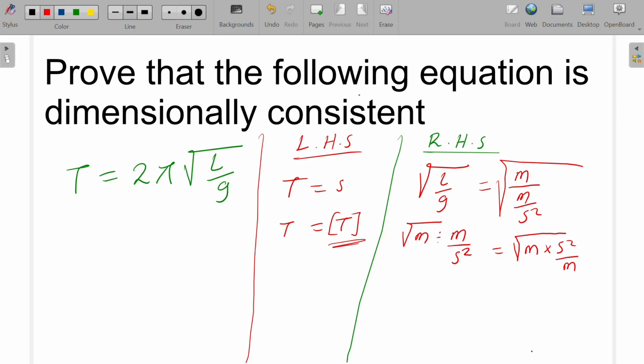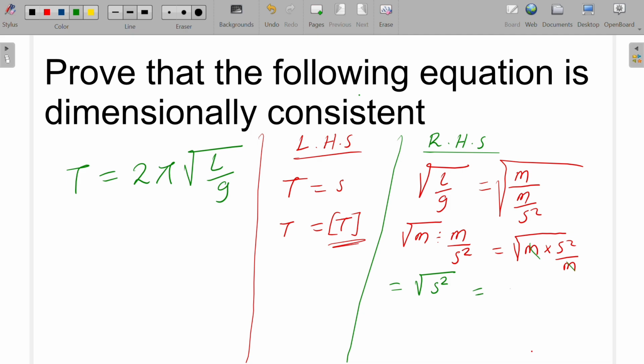Looking at what we have, you see that this m and that m will cancel. So what we have in the square root will be just s to the power of 2. Now that we have s to the power of 2, square root is the same as the power of half.